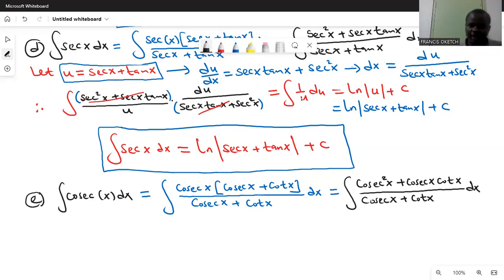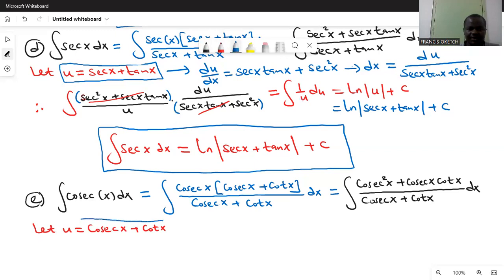So now you see we have a rational function, and so it is easy to know what you need to let to be u. So let u be the denominator, that is cosec x plus cot x. So that is our substitution.